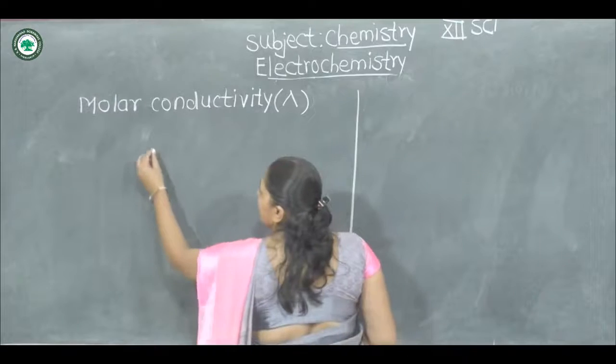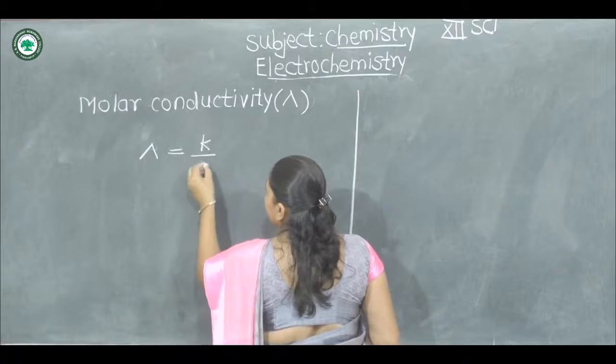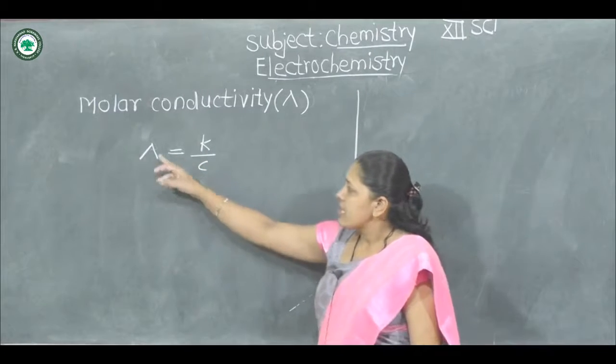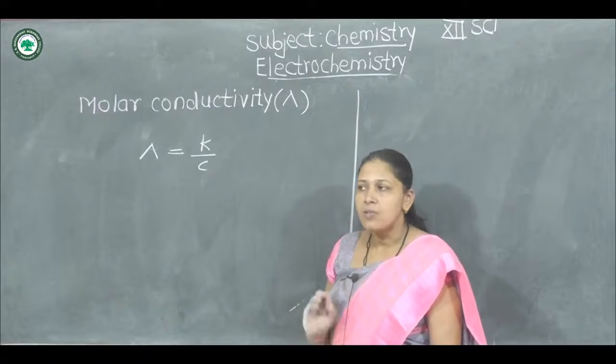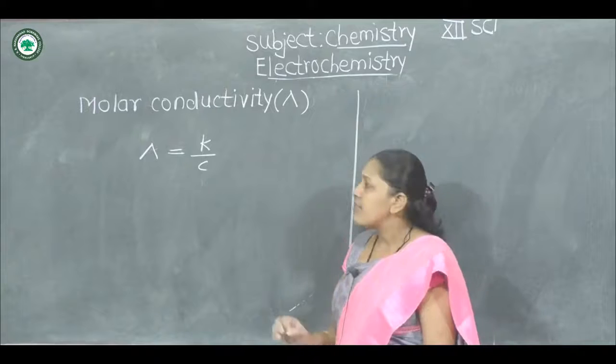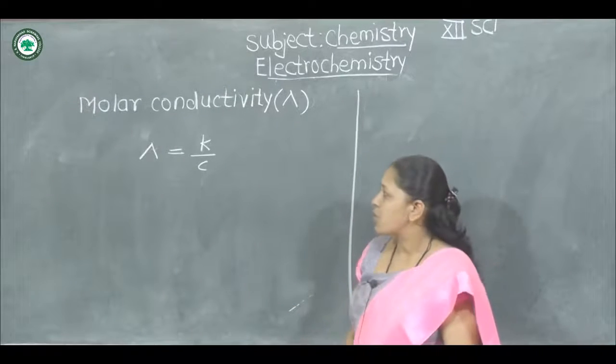Molar conductivity is equal to K upon C, where capital lambda is the molar conductivity, K is the conductivity and C is the concentration of solution.